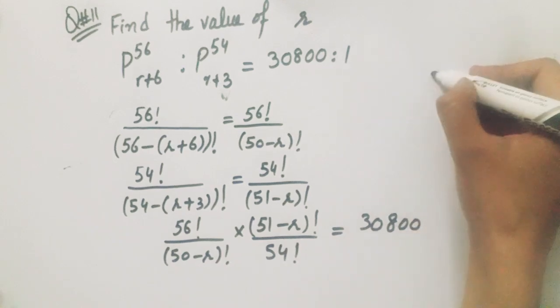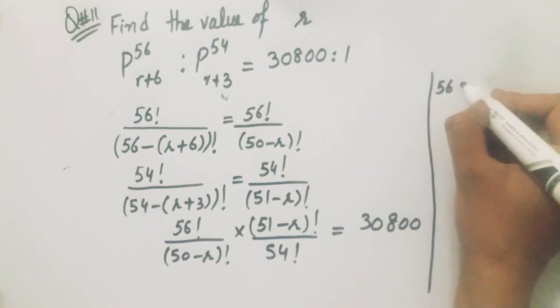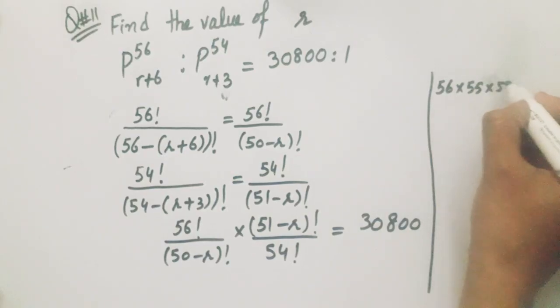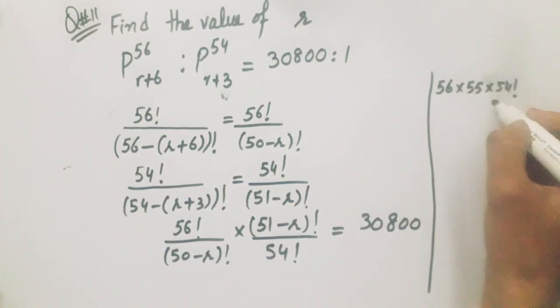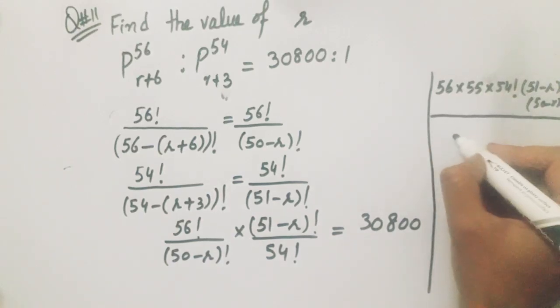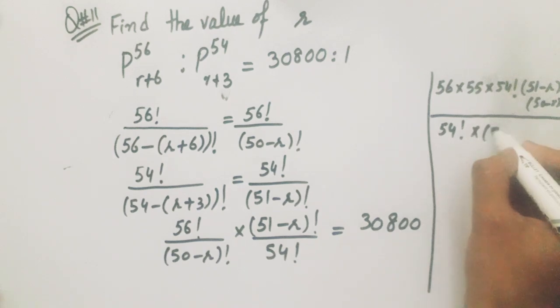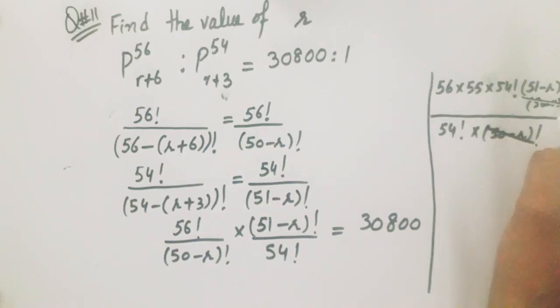Now in the next step, 56 factorial can be written as 56 multiply 55 multiply 54 factorial, and (51 minus r) factorial can be written as (51 minus r) into (50 minus r) factorial, and here we have 54 factorial multiply (50 minus r) factorial. So (50 minus r) factorial is cancelled out, and 54 factorial is cancelled out.